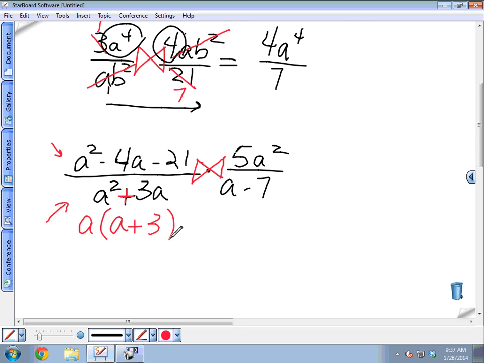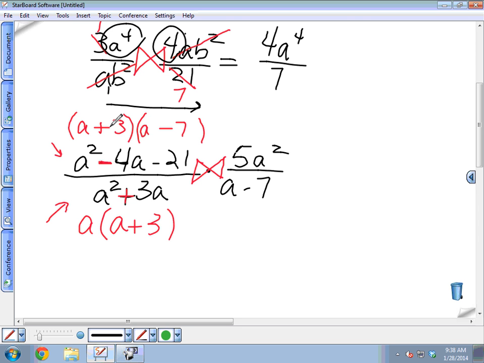This one up here, if I look at the numerator, I have a, and two numbers that give me 21 whose difference is 4: 7 and 3, right? And my 7 is going to be the negative one because that's the middle term here, and this one has to be positive because I have to get that negative 21.